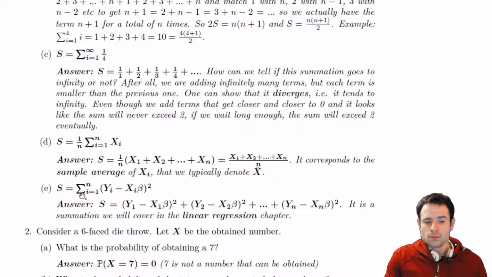So if I expand the sum, and I start with i equal to 1, then I have y1 minus x1 beta, and I take the square. Then once I am done writing the first term, I put a plus, and then I get to the second term. I replace i by the new index, which is 2, and I get y2 minus x2 beta squared, plus y3 minus x3 beta squared, and so on, all the way until yn minus xn beta squared.